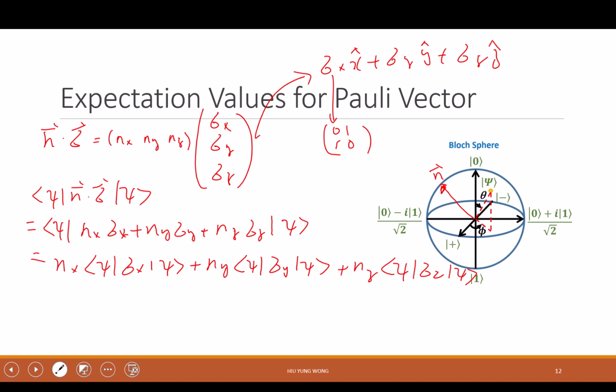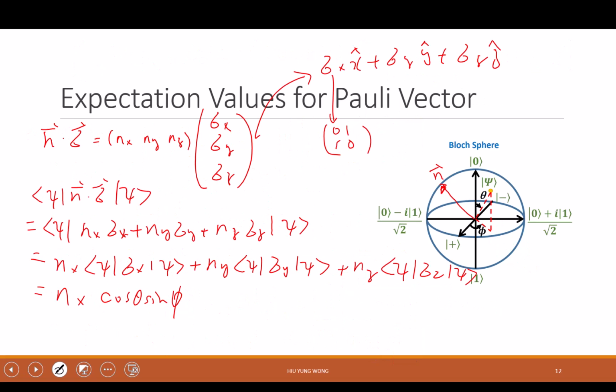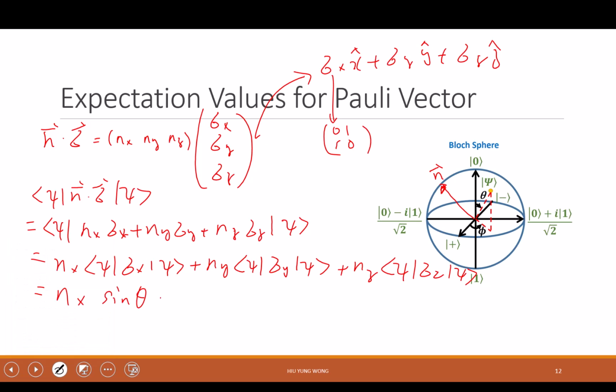These are just what we already learned. It is equal to nx times sine theta cosine phi, sorry, I said cosine theta at first, plus ny times sine theta sine phi, plus nz cosine theta, right?